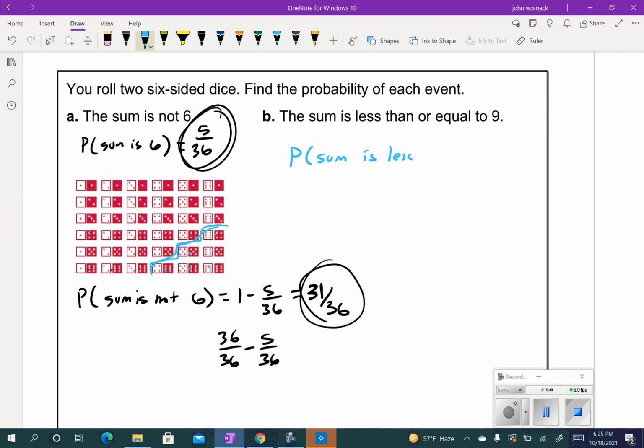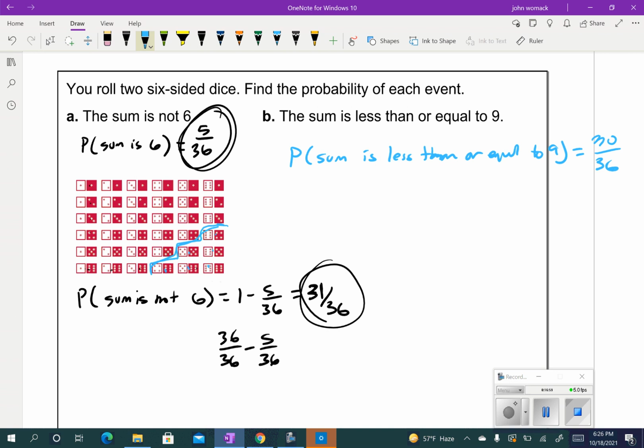is less than or equal to 9 is equal to, let's see, there are 6 that are greater than 9. So there are 30 that are less than or equal to 9.